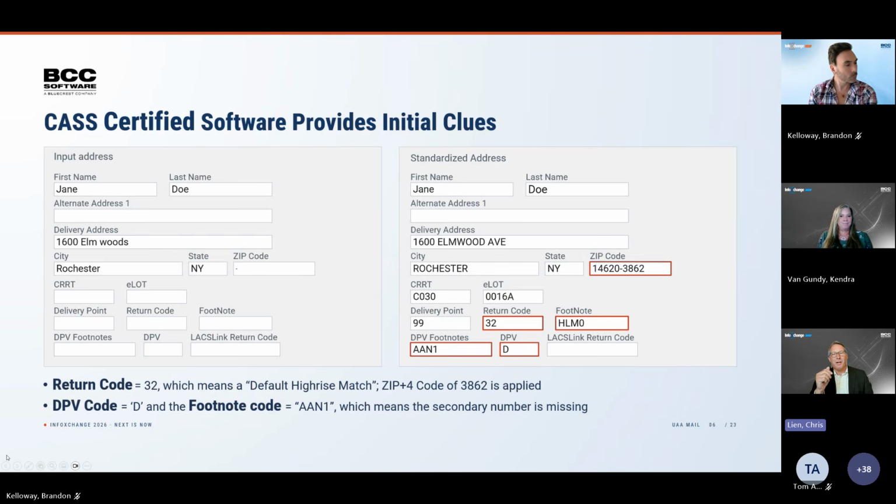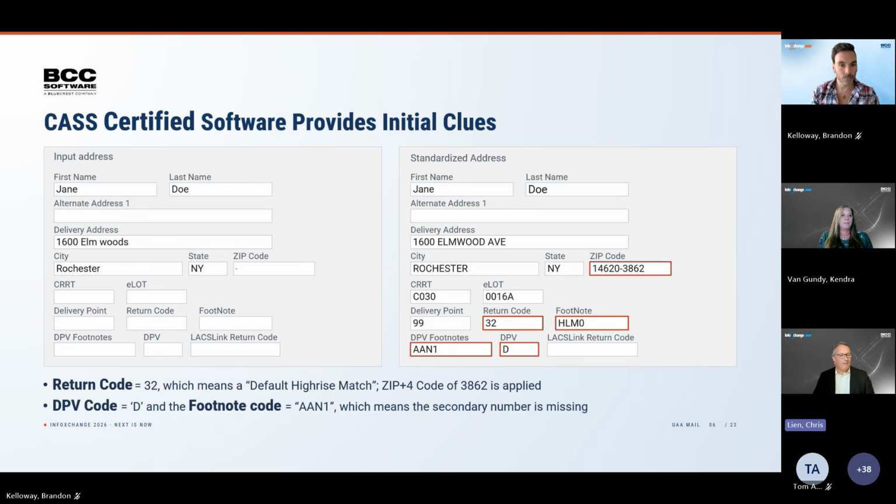Kendra, a lot of people ask me, well, aren't all these CASS-certified software products the same? And they're really not, are they? Each one has a little bit of a different nuance to it, right? Yeah. Yep. And what I find most often is it's the parsing, right? Just like, we have a driver's license, right? I'm sure most of us have a driver's license, but that doesn't mean we all drive the same, right?